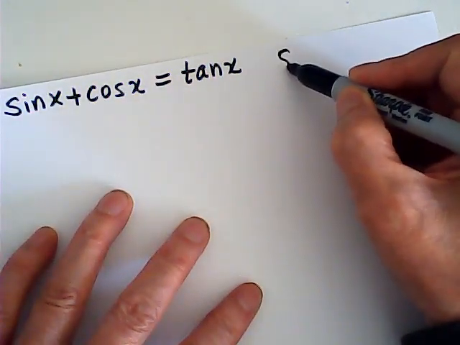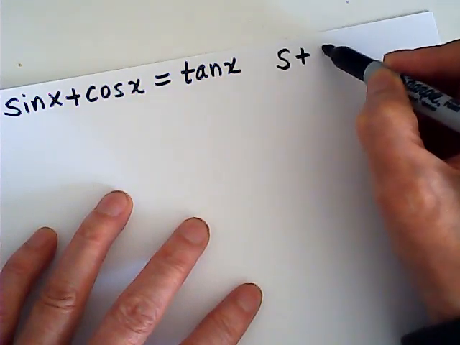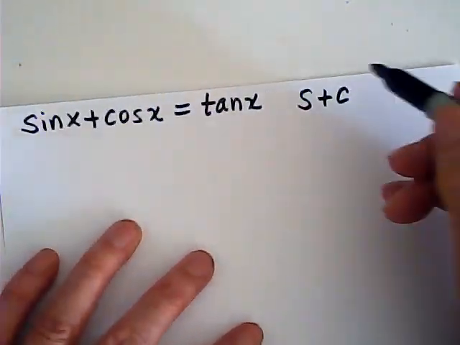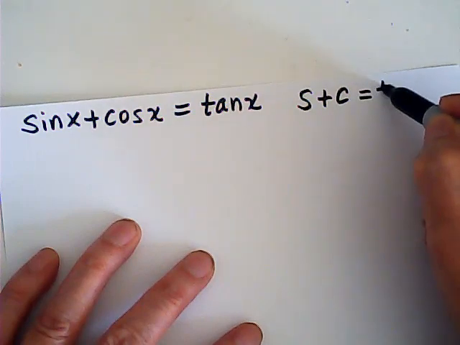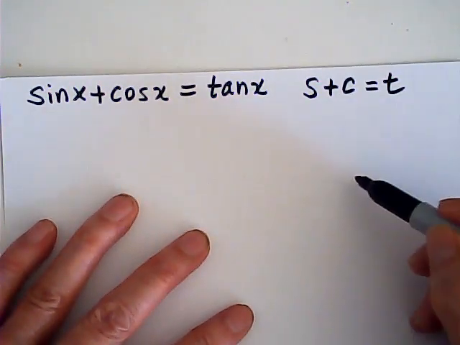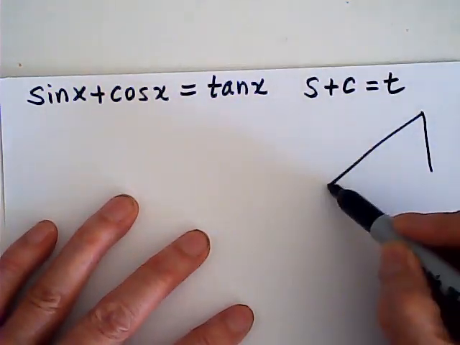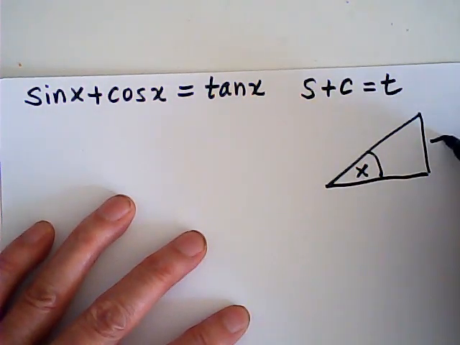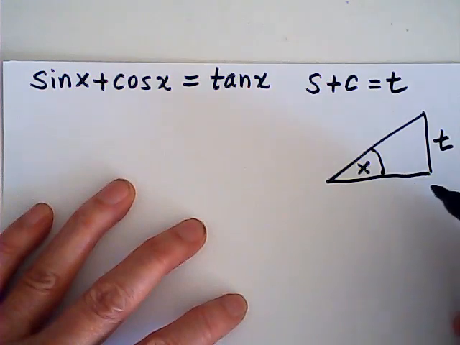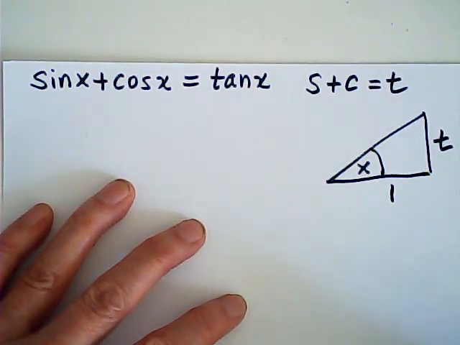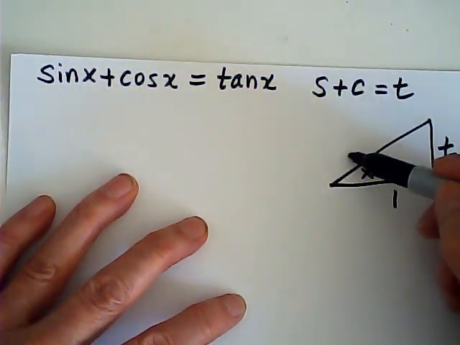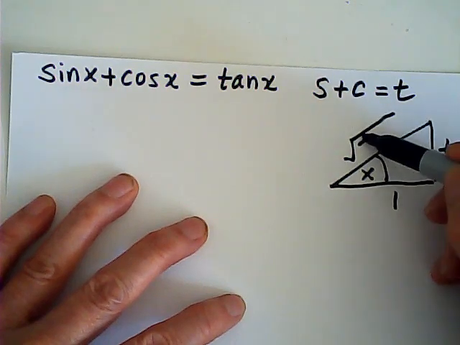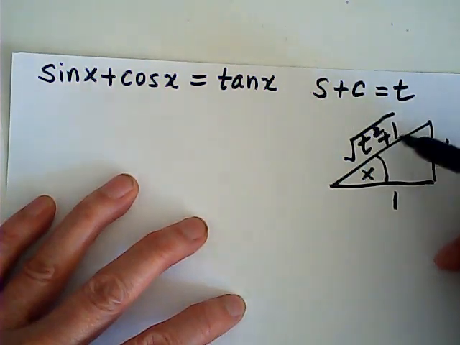Now let me put S for sine, C for cosine, T for tangent, and this is x. This is the tangent of x, this is 1, right? So tangent x is equal to t. So the hypotenuse is equal to square root of t squared plus 1.